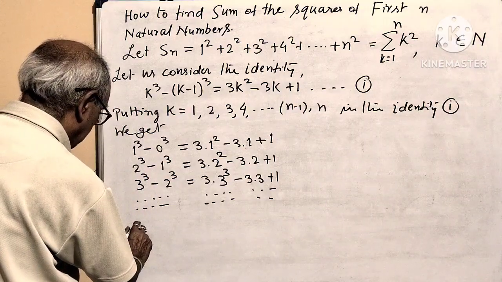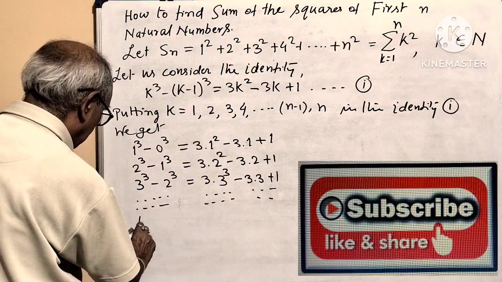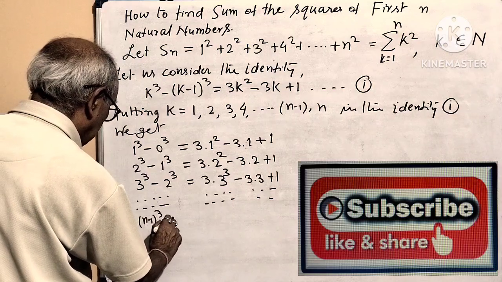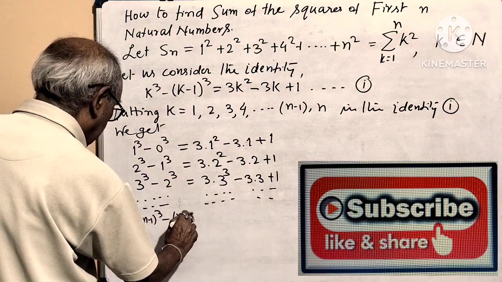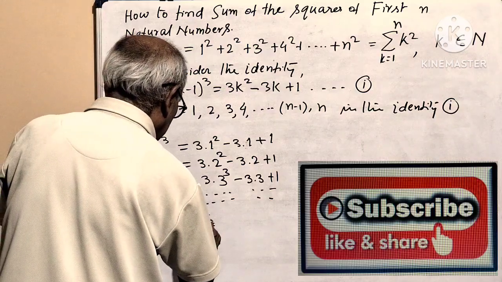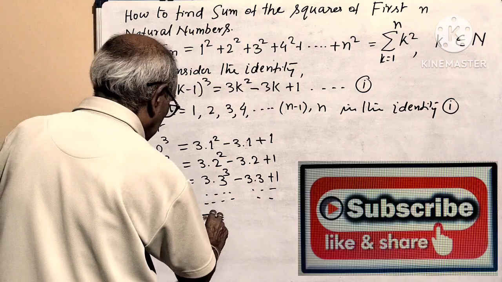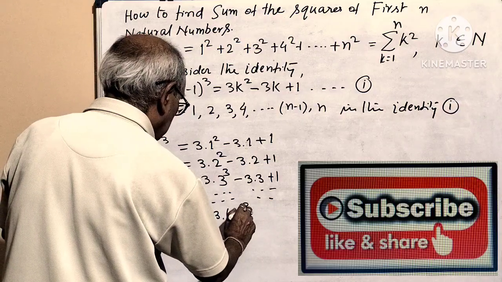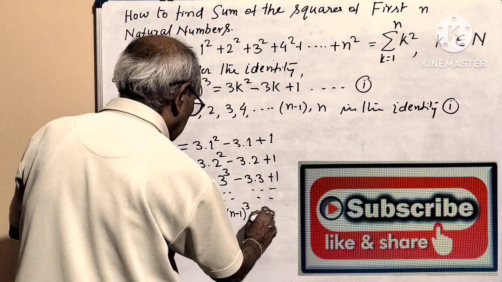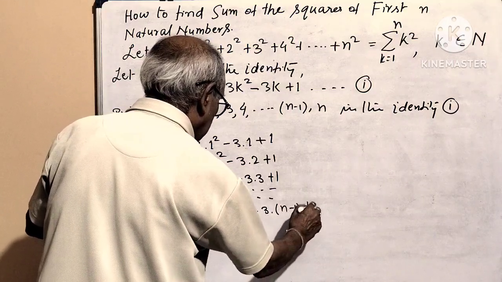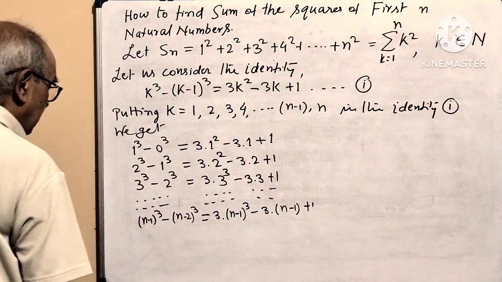Take (n minus 1) cube minus (n minus 2) cube equal to 3 into (n minus 1) square minus 3 into (n minus 1) plus 1.